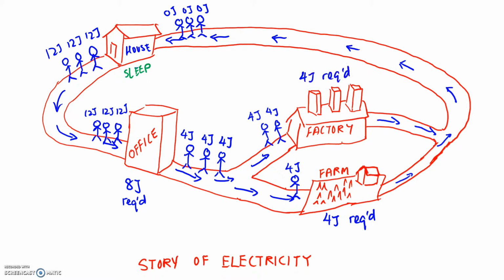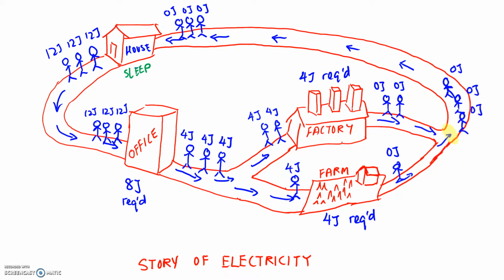And after which, when they exit, notice that 2 of them exit from the factory. Each one of them has 0 joules. One of them will exit from the farm. You will be left with 0 joules. Now, at this point in which the path converges again, you notice that again you have 3 people at this path, each one of them having 0 joules.